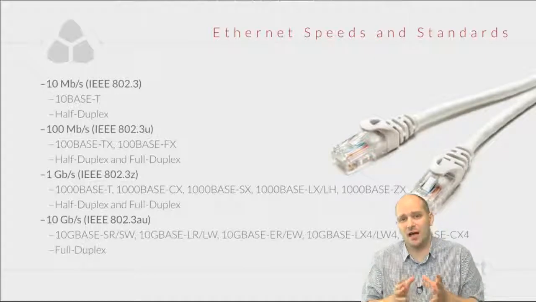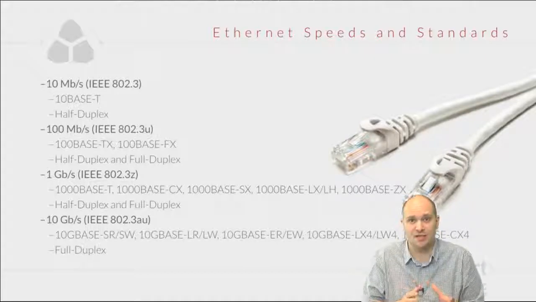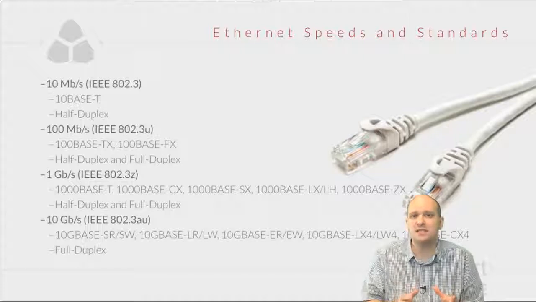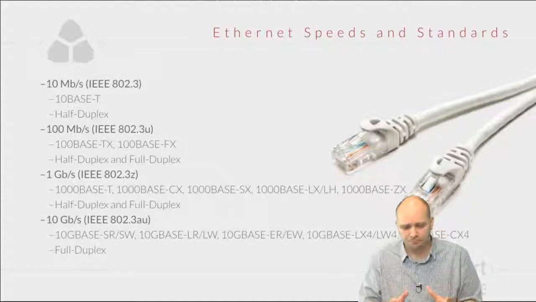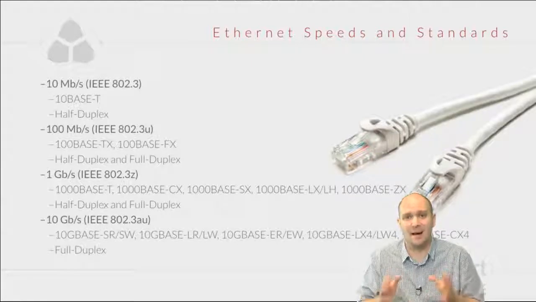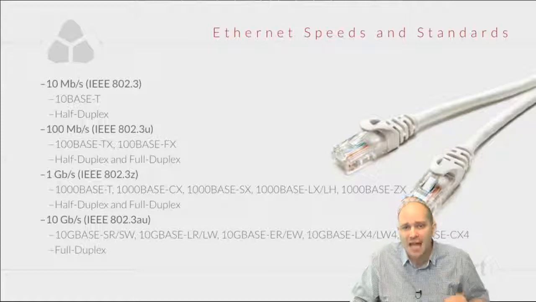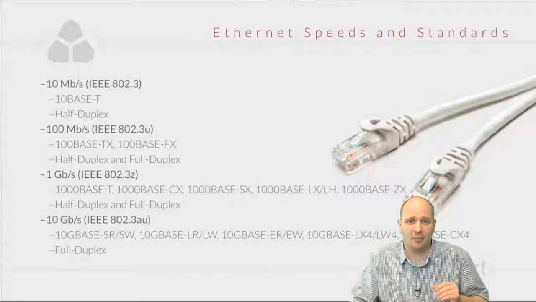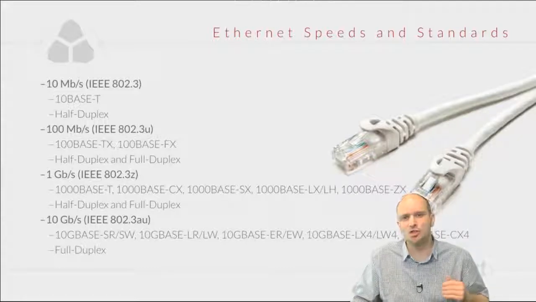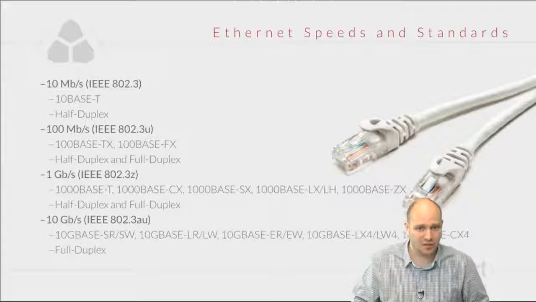Important characteristic about 10 megabit per second Ethernet, about 10 base T, is that it doesn't support full duplex by standard. Some vendor implementations, like for example Cisco, do support full duplex on Ethernet, but this is not to be expected. This is not something that has been standardized.